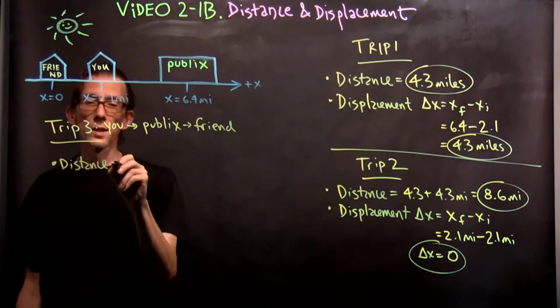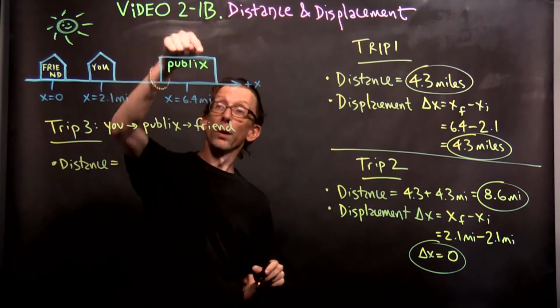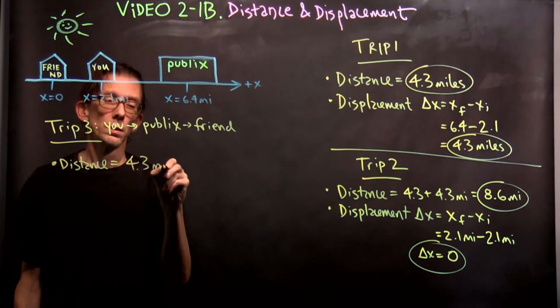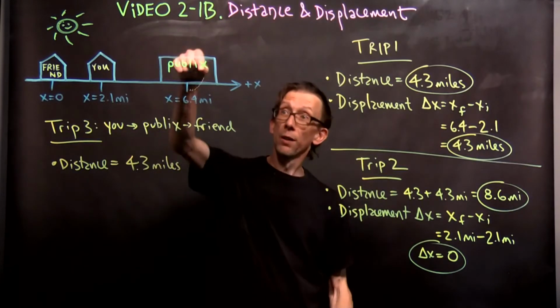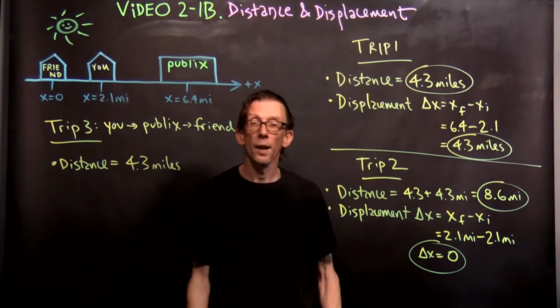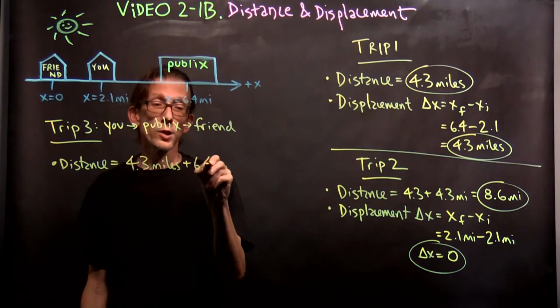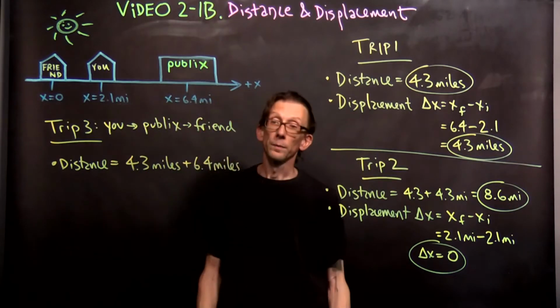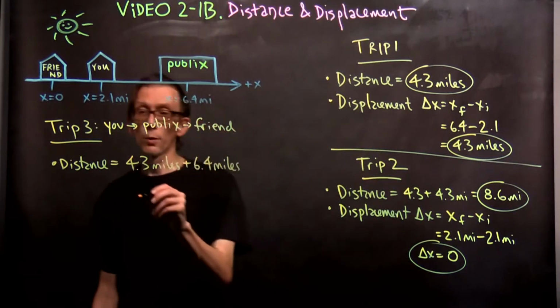Very easy. Distance, well, it's 4.3 miles from you to Publix, and then 6.4 miles from Publix to your friend's house. So if you do this trip, you'll have added 10.7 miles to your odometer.